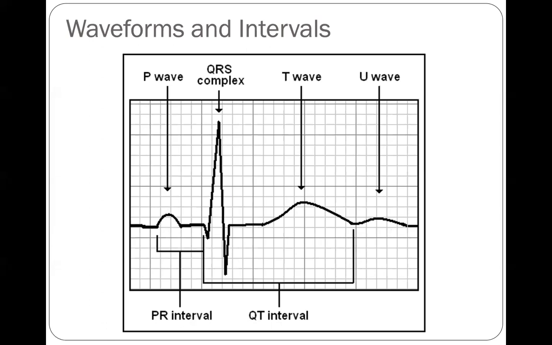Sometimes it may be absent and its presence is normal physiology, but sometimes it may be due to certain pathologies, as we will discuss later. As we said, there are two important intervals, the PR interval, which equals the P wave plus the PR segment, and the QT interval, which includes the Q wave and T wave plus the ST segment. These two intervals are very important.